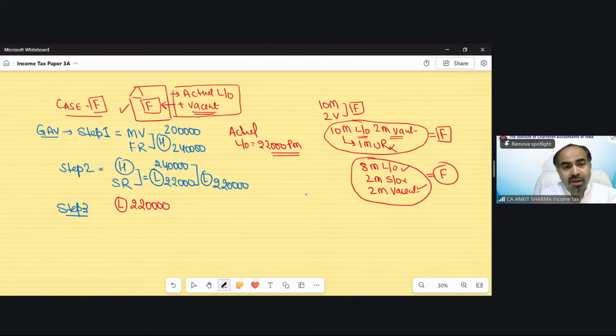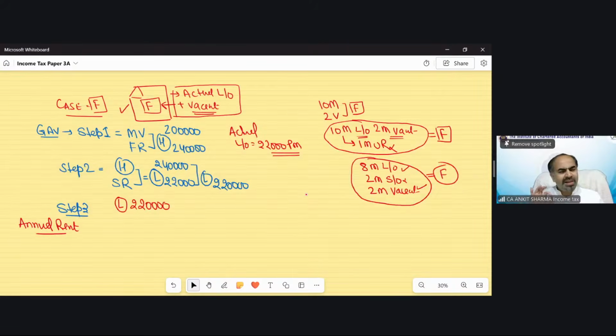But in case number F, when let out and vacancy come together, this comparison uses a new value, which is called annual rent. So in case D, case E and case G, it was actual rent received, and for case number F, it is annual rent.